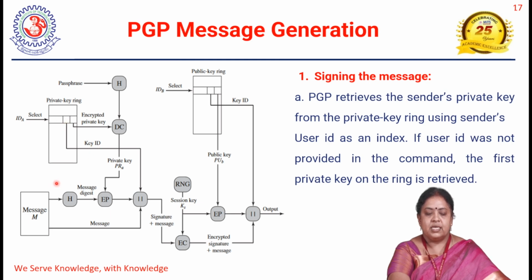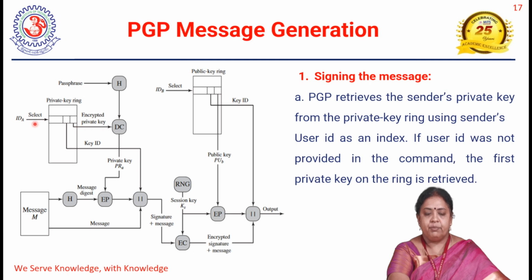Why? Because the message hash code has to be encrypted with the private key of the sender. How is the private key obtained? Every system has a private key ring, and from the ring we get the private key.